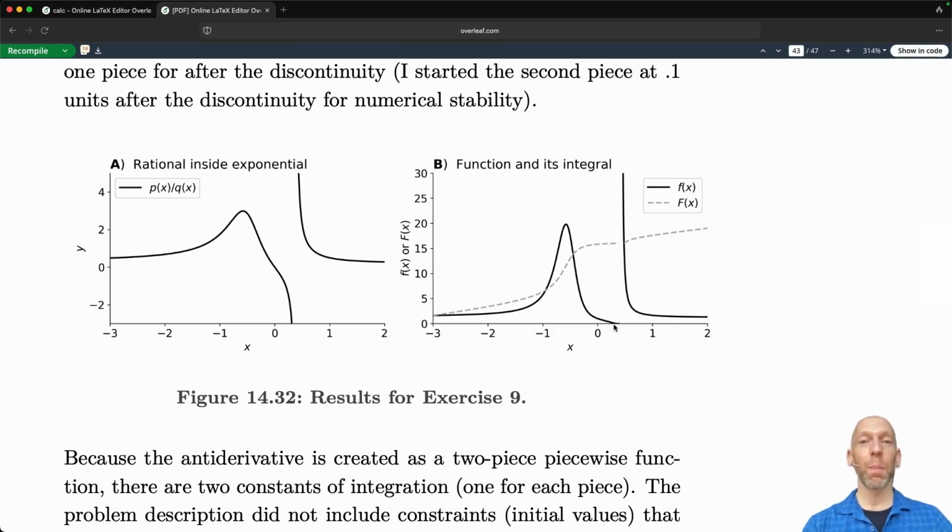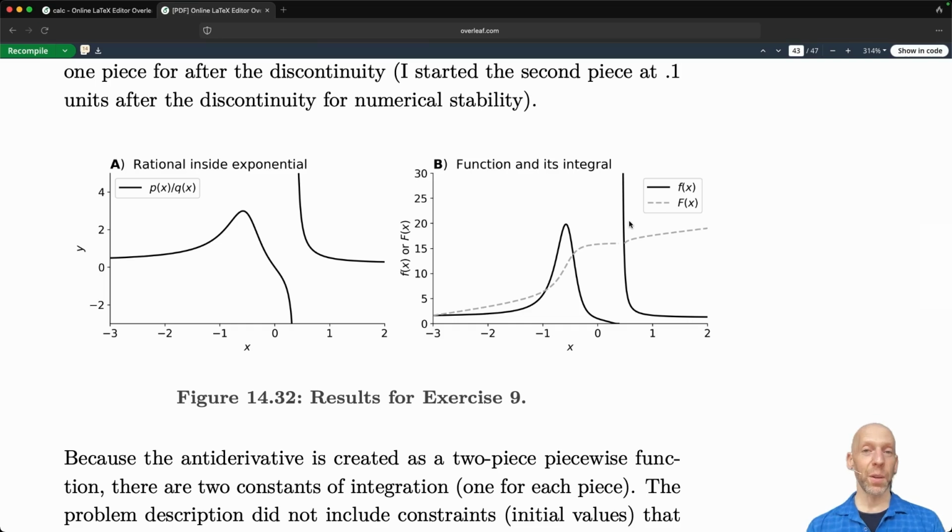This does not go to minus infinity because this black line is e to the power of something, and e to the power of anything cannot be a negative number, right? E to the p divided by q is a strictly positive function. Okay, so here we go down to 0. That's okay. But over here, we do get a discontinuity coming down from plus infinity. So that kind of matches this.